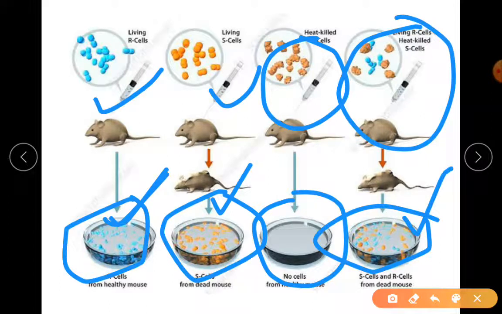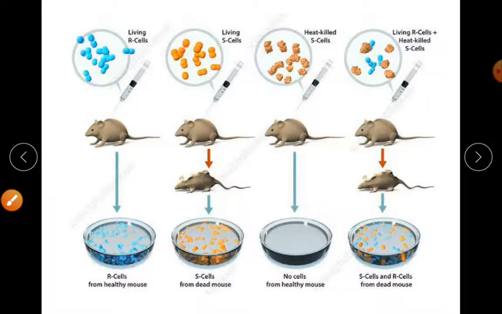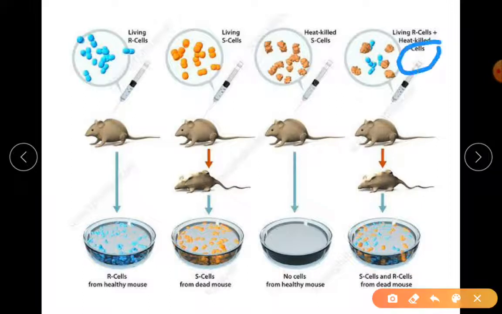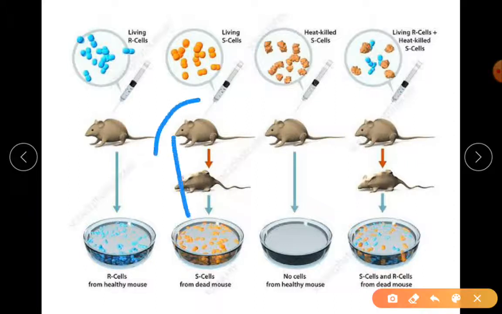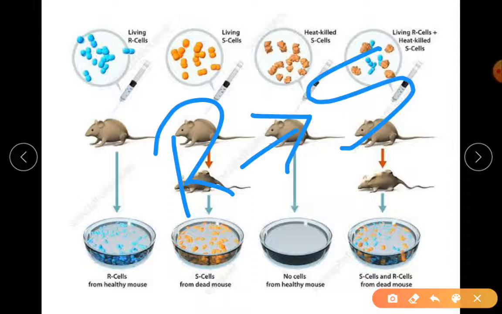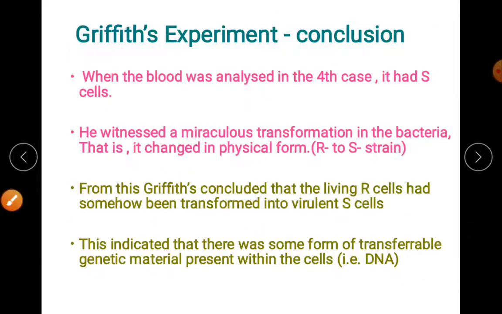The highest is the S strain; R strain are very little. This says there is something that made the S strain become active. So what could it be? What transformed? He came to know it was the R that had transformed to the S cell or S strain. That is called the transforming principle.